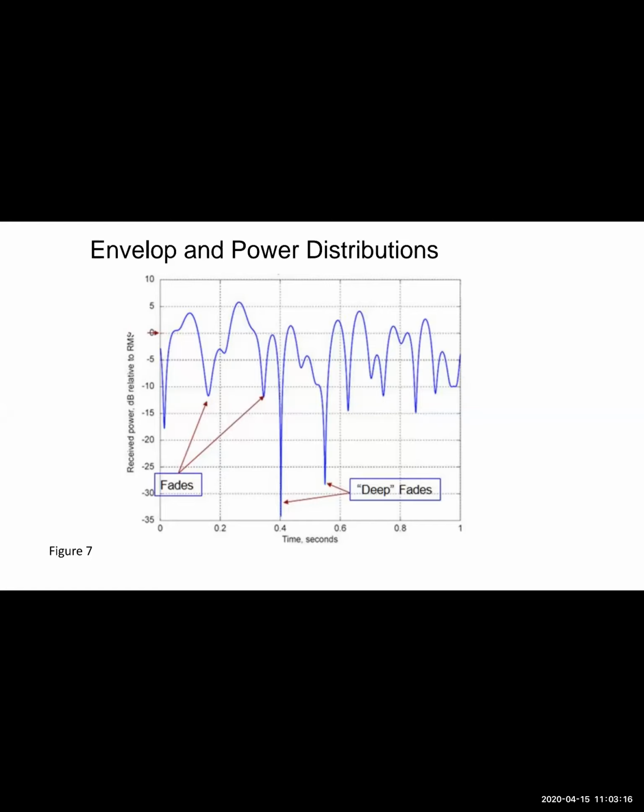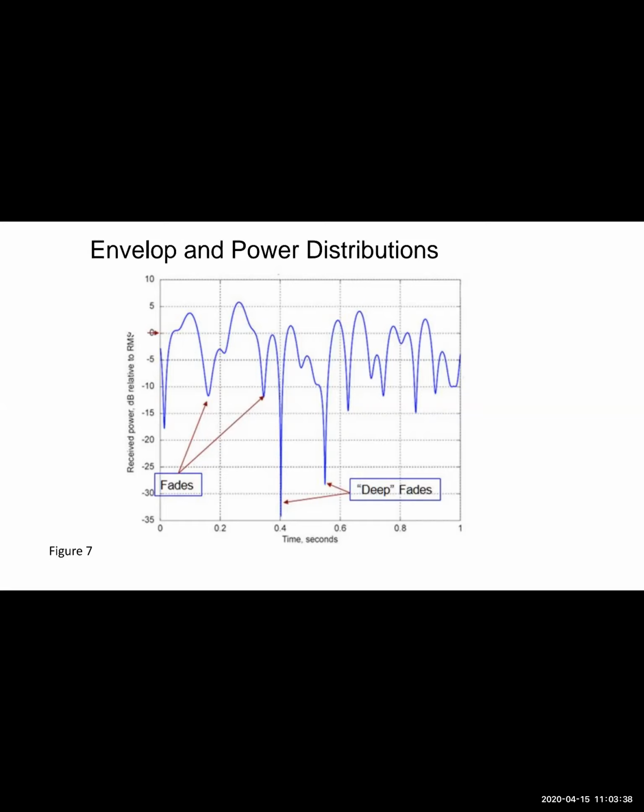The received power will be fluctuating, that's figure 7. It will not be constant. So we need some probability to predict or represent the variation of power or amplitude in an environment.